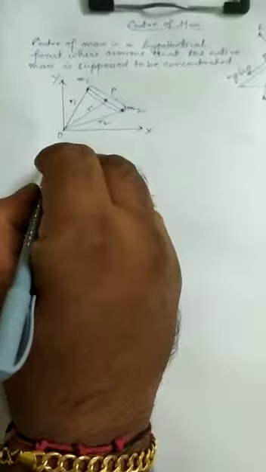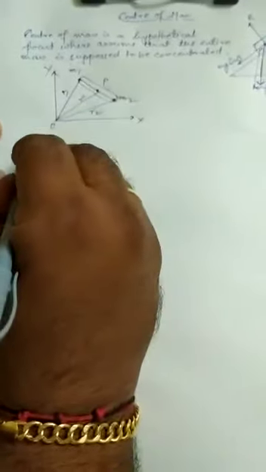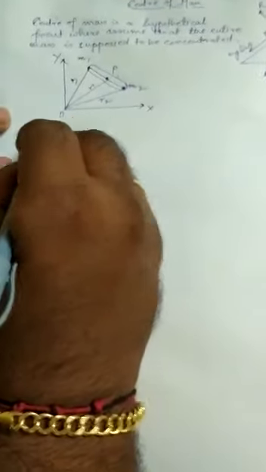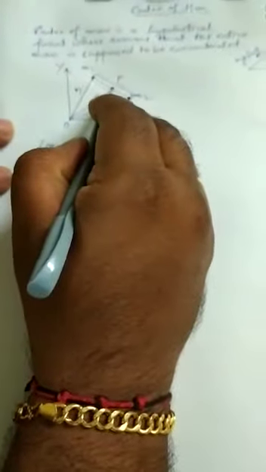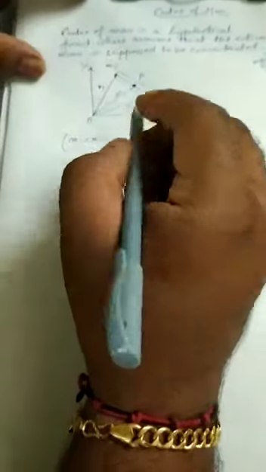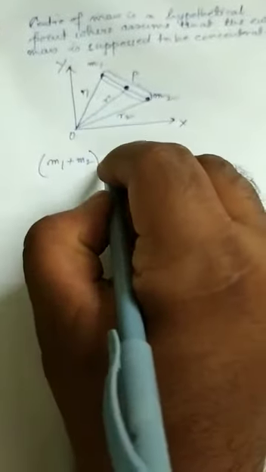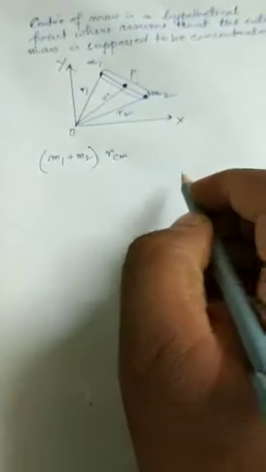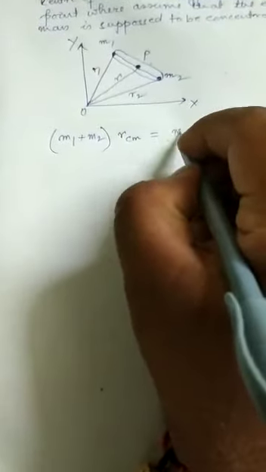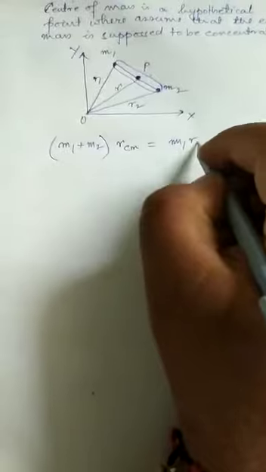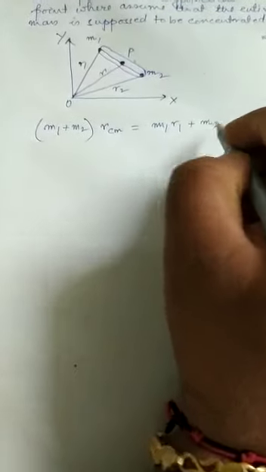Then how are we going to calculate this RCM? The total mass of the system is m1 plus m2, and the entire mass is supposed to be concentrated at this point P. We are hypothetically taking that this entire mass is at the point P, at a distance of r from here, and that is equal to m1 into r1, the position vector of this one, plus m2 into r2.